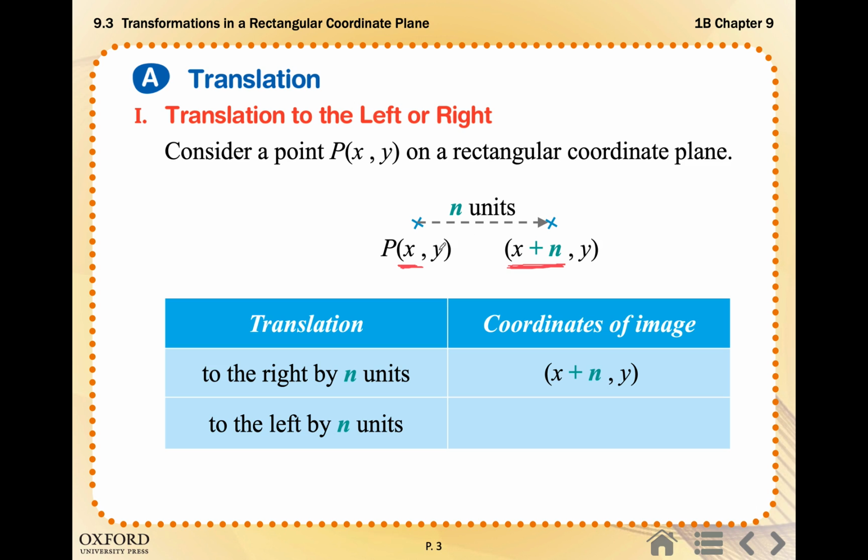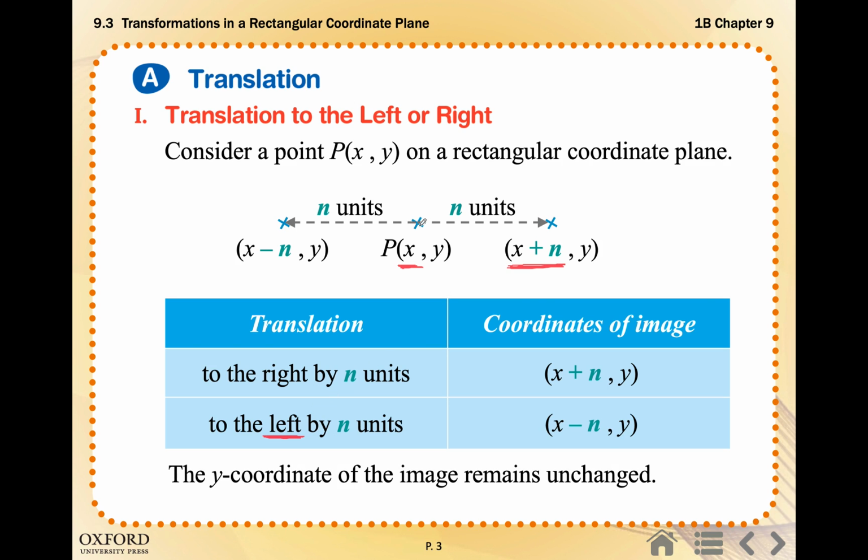After you get the idea about the movement to the right hand side, I think it's not difficult for you to get the idea for the translation to the left hand side. If the point is translated to the left hand side, the point will move in this direction, and they also lie on the same horizontal line.